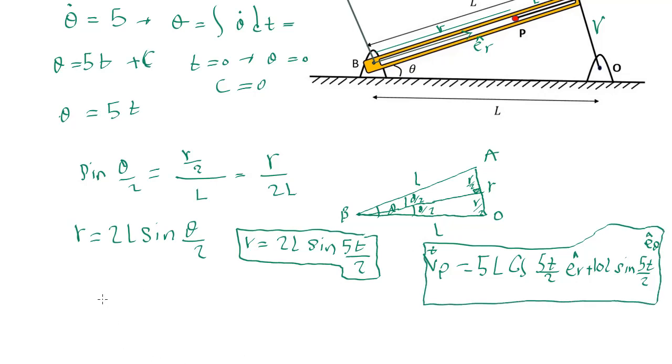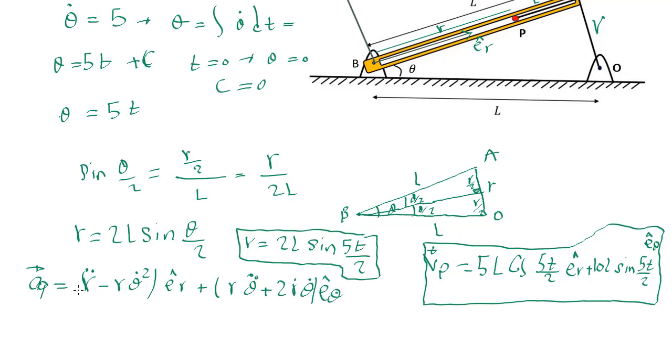For the acceleration, again we have the formula for the acceleration in the polar coordinate. So that's AP is equal to R double dot minus R theta dot squared in the ER direction plus R theta double dot plus 2 R dot theta dot in E theta direction.